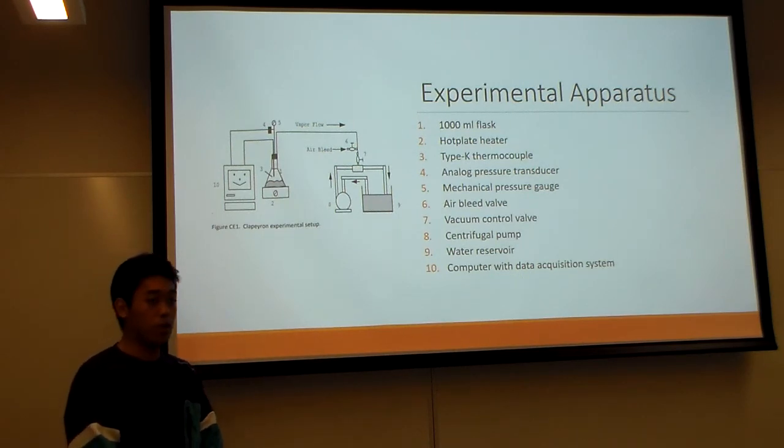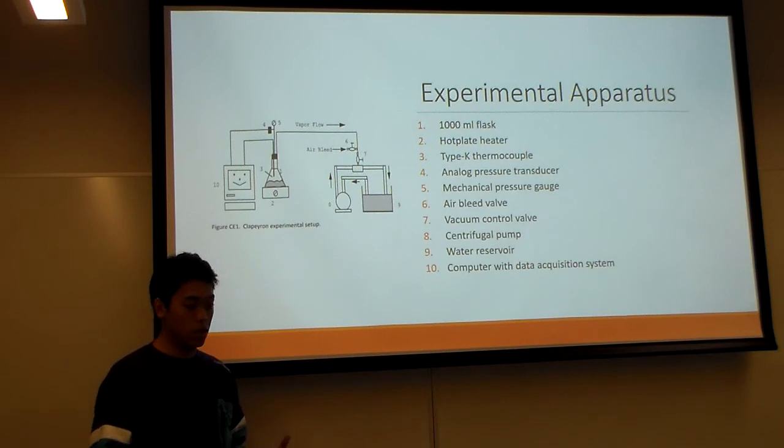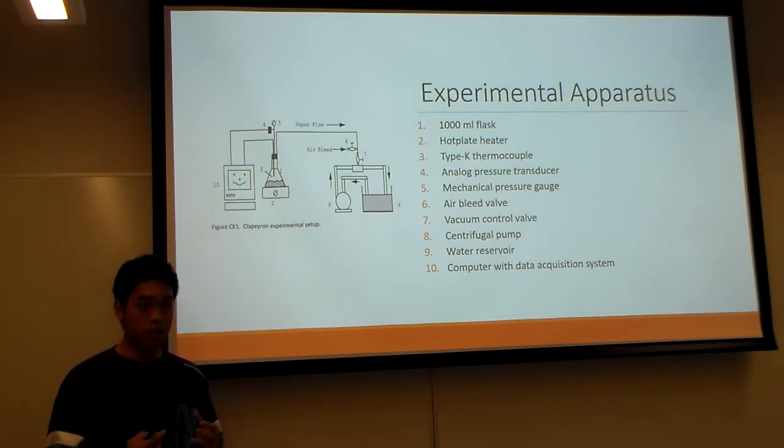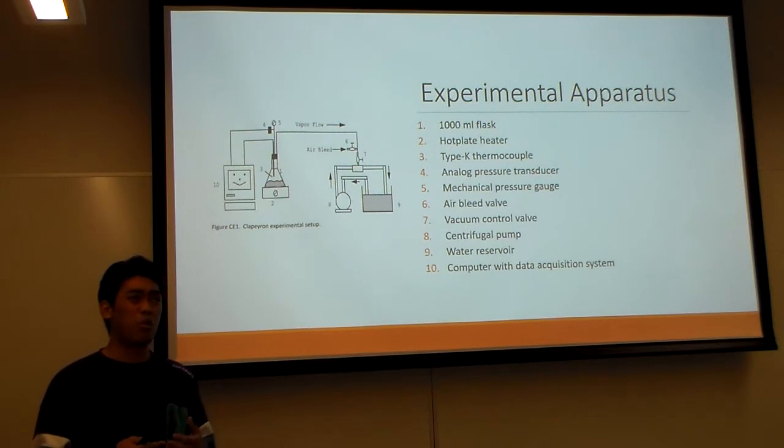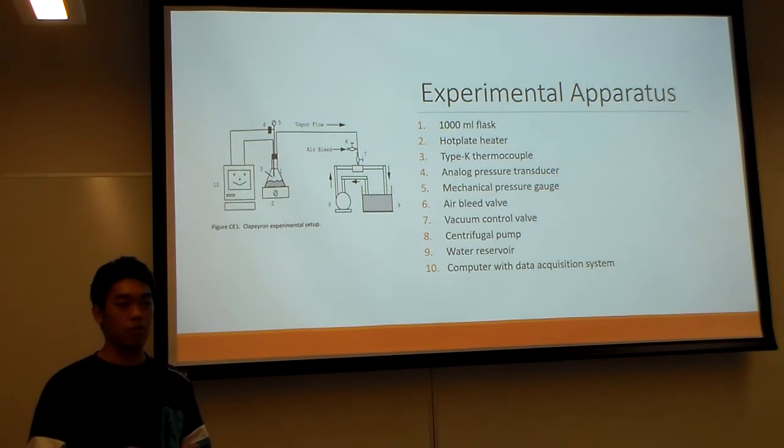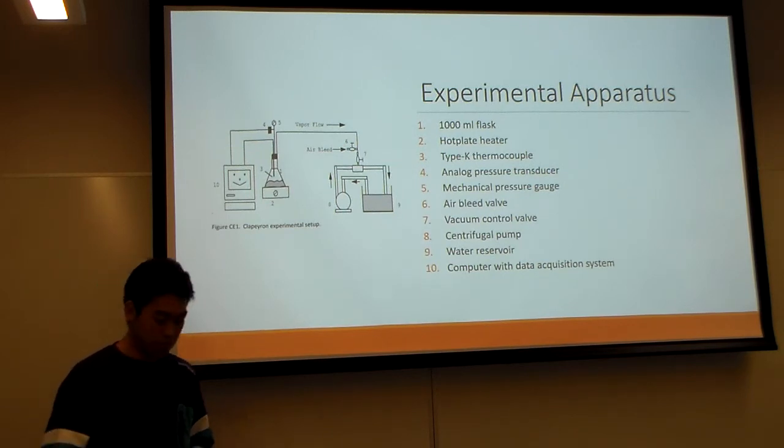In the experiment, we used glass beads inside the flask, since the purpose of putting the glass beads is to increase the surface area and also increase the rate of the phase change between liquid and vapor.